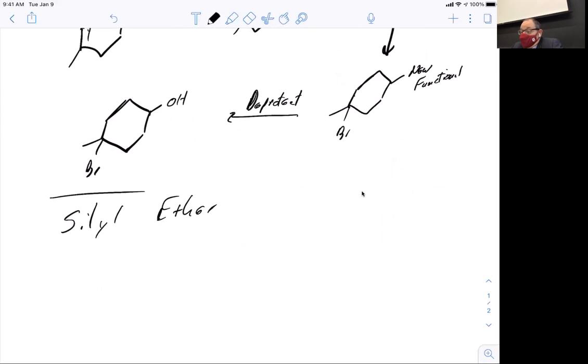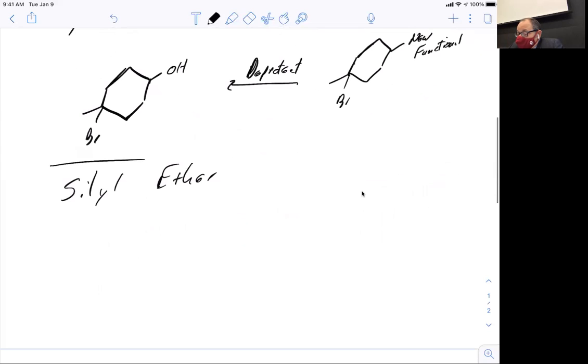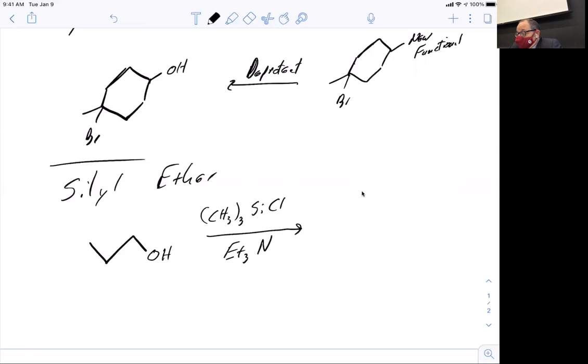It works in most cases. Okay, so we take trimethylsilyl chloride and triethylamine.